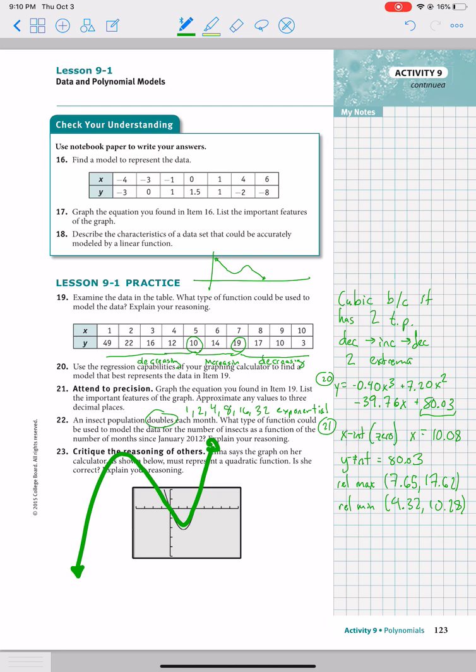So the moral of the story is make sure that we can see all of our data when we graph it, when we do regression, or else you'll be choosing the wrong type of model. So make sure we do that zoom stat or zoom out on Desmos to make sure we can see all of our data, because we could just not be seeing all of the curve, all right? So that was 22, we said exponential. 23, we said it looks like it's quadratic, but it could be anything.